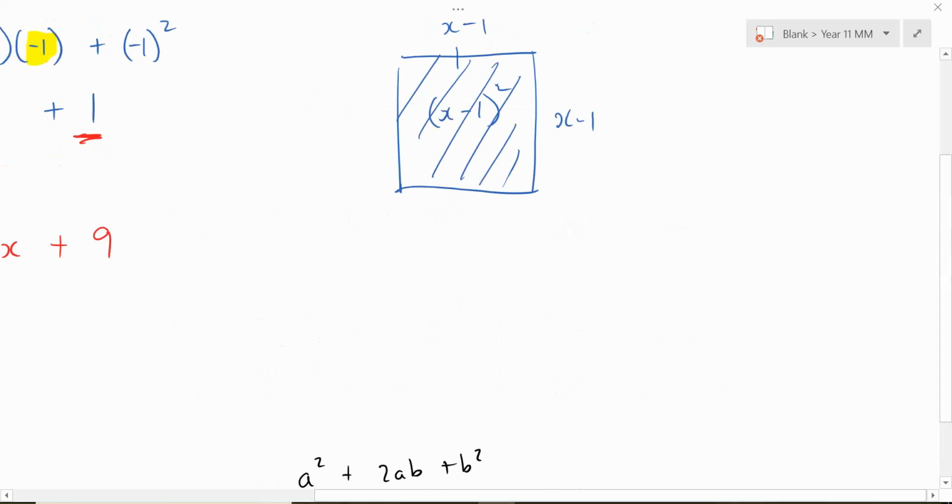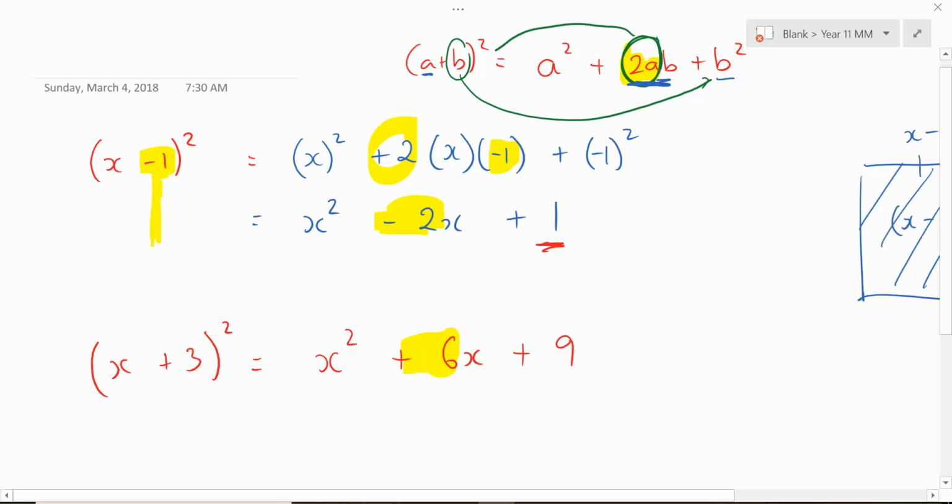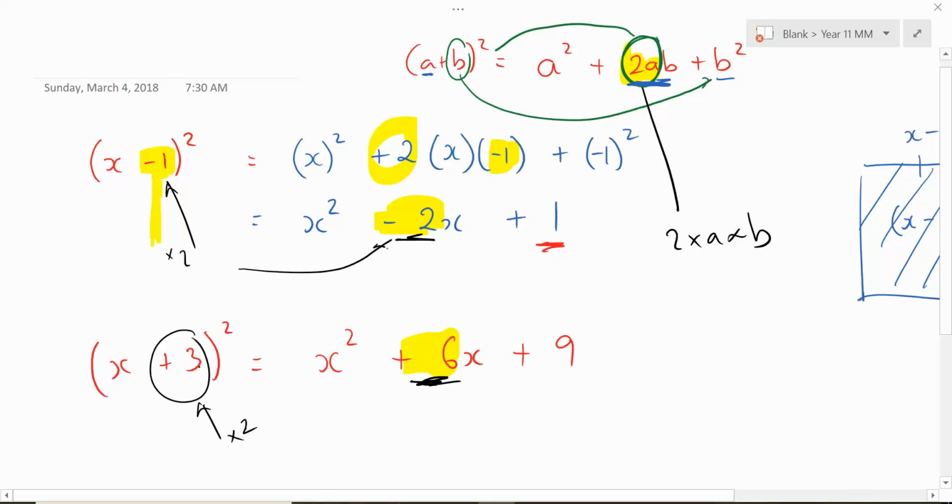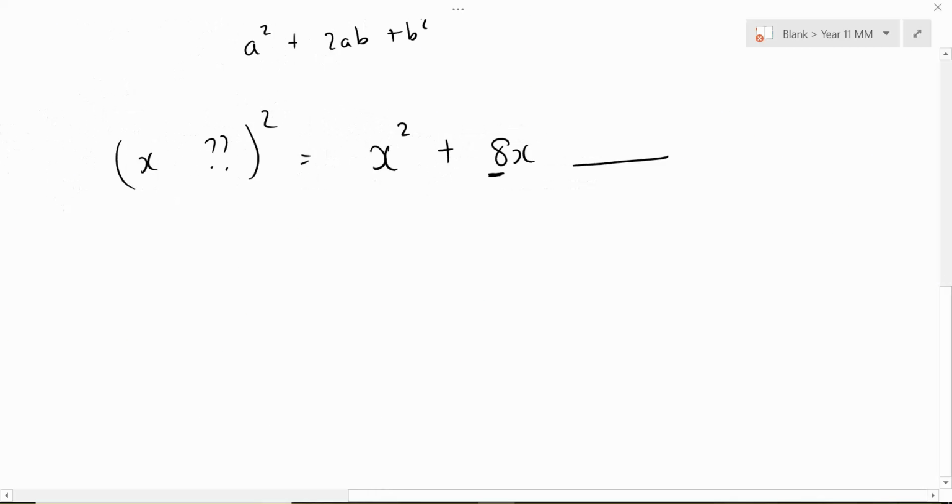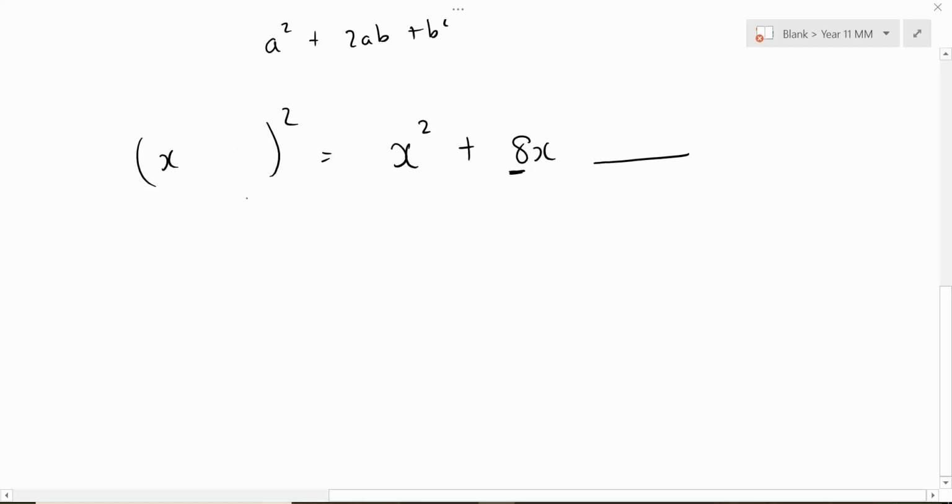Now let's go back to the pattern again. How did I get negative 2? How did I get 6? I got it because I said times the 3 by 2, because that's what the formula is. Remember, it's 2 times a times b, right? So 2 times the 3 gives me the 6. 2 times the negative 1 gives me the negative 2. So the question now goes back to this again: 2 times something, what is this number?